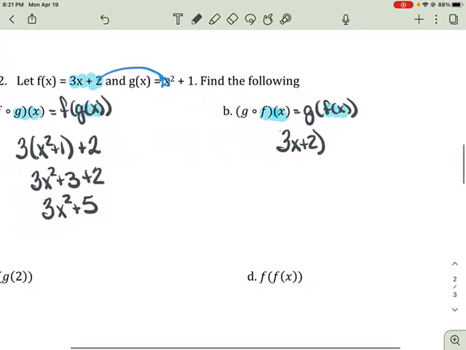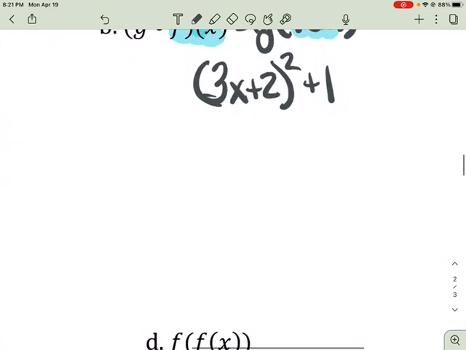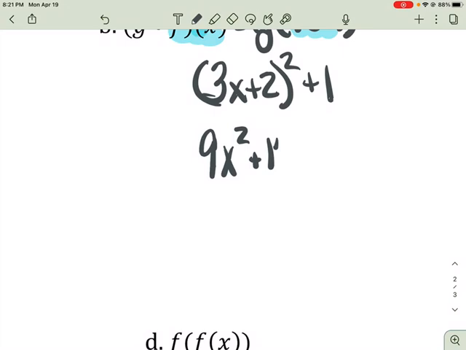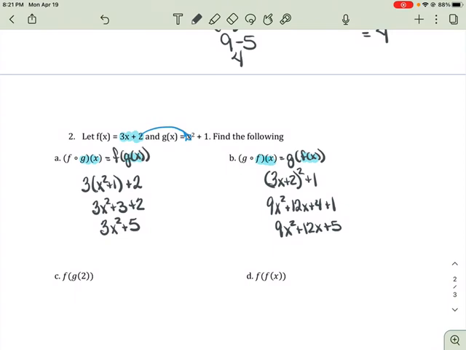So we're going to get 3x plus 2 quantity squared plus 1. So I'm going to multiply that. So that's 9x squared plus 12x plus 4 plus 1, or 9x squared plus 12x plus 5.